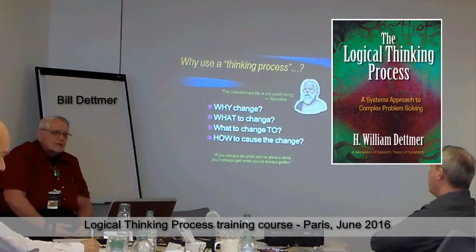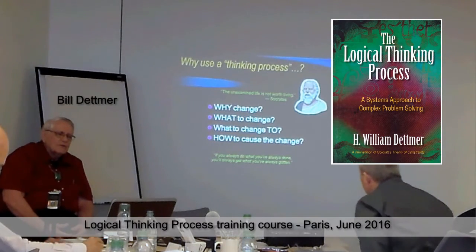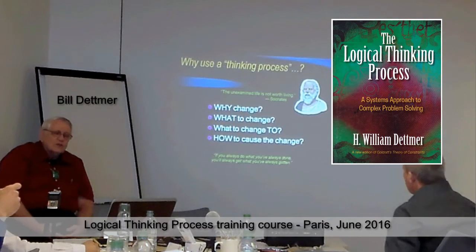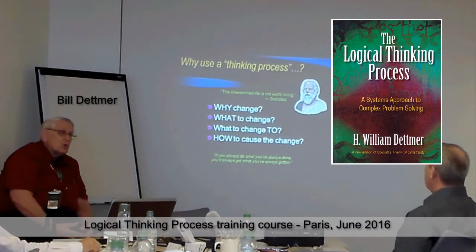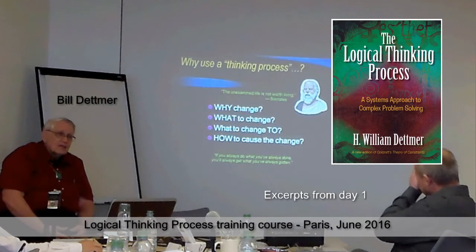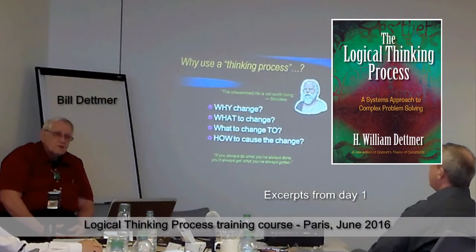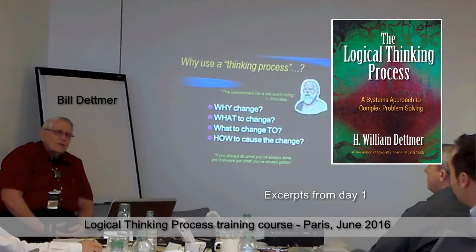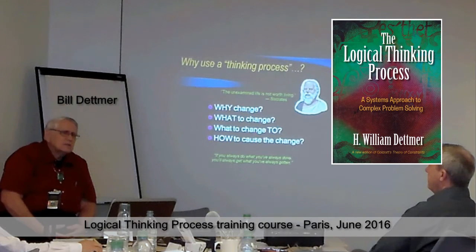The thinking process was originally designed to satisfy those last three bullet items there, the three questions: what to change, what to change to, and how to make the change happen. And I realized back around 15 years ago that the even more important question is, why change in the first place?